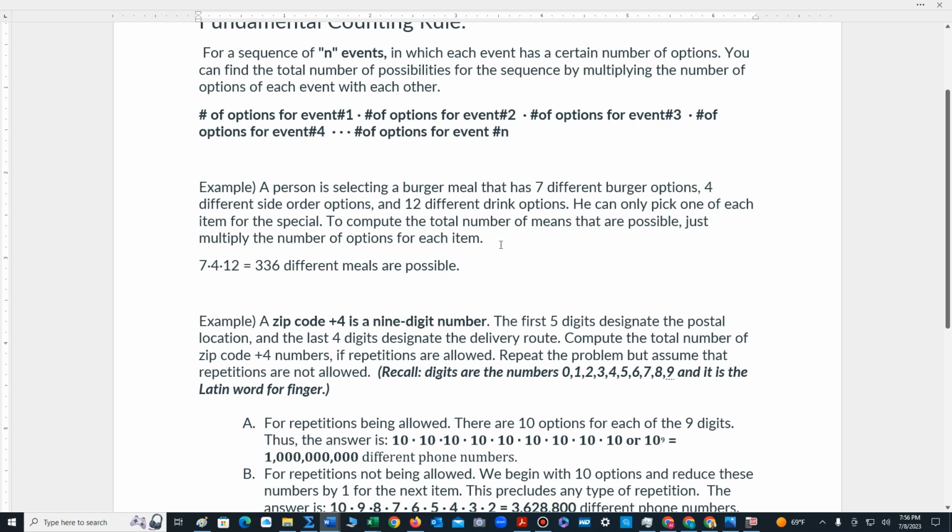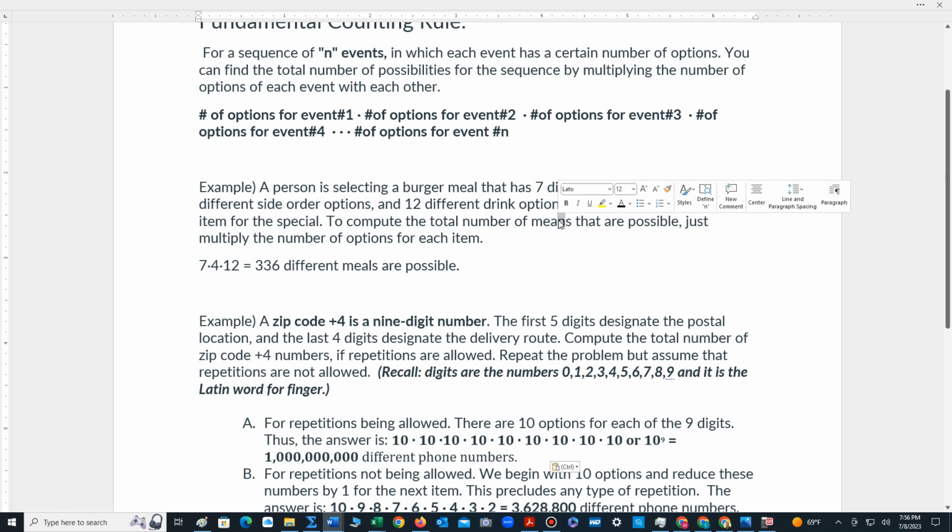Here's an example. A person is selecting a burger meal that has 7 different burger options, 4 different side orders, and 12 different drink options. He can only pick one of each item for the special. To compute the total number of meals that are possible, we have to multiply the number of options of each item with each other.